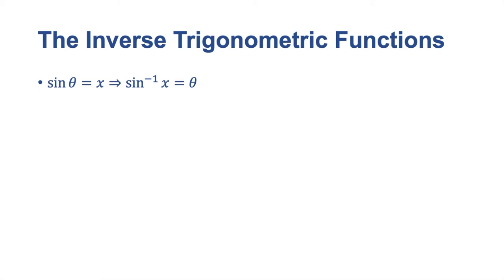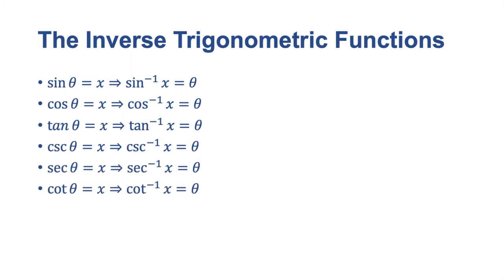And this is how it works for the rest of the inverse functions. So we've got sine inverse, cosine inverse, tangent inverse, cosecant inverse, secant inverse and cotangent inverse. And you can call these inverse sine, or you could call it arc sine. I really don't care, but there are a lot of ways to name these different functions that we have.